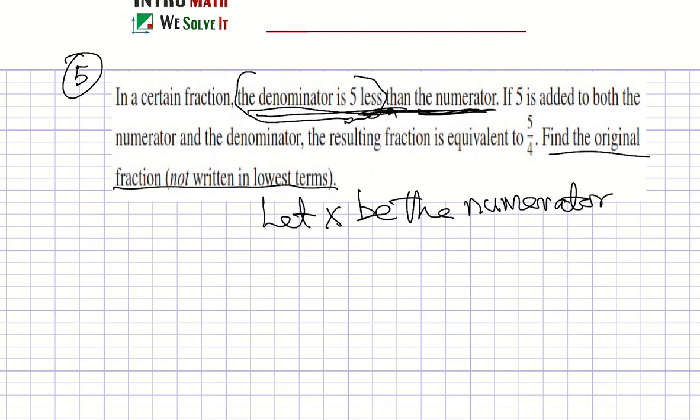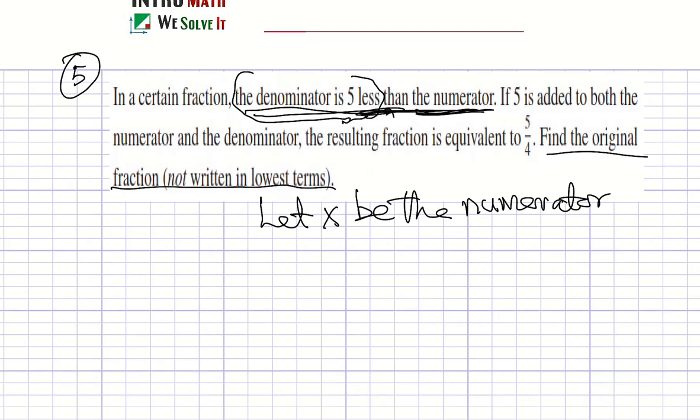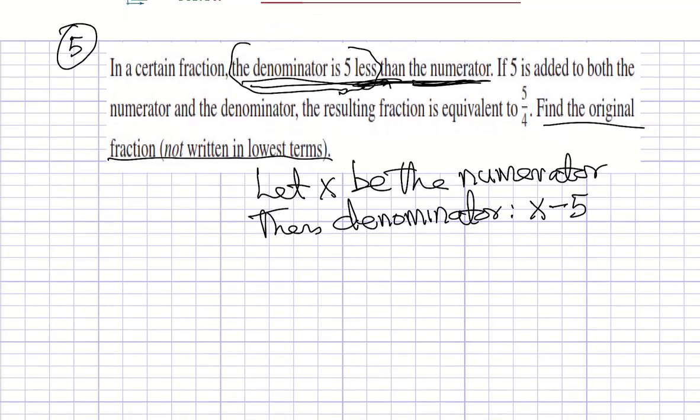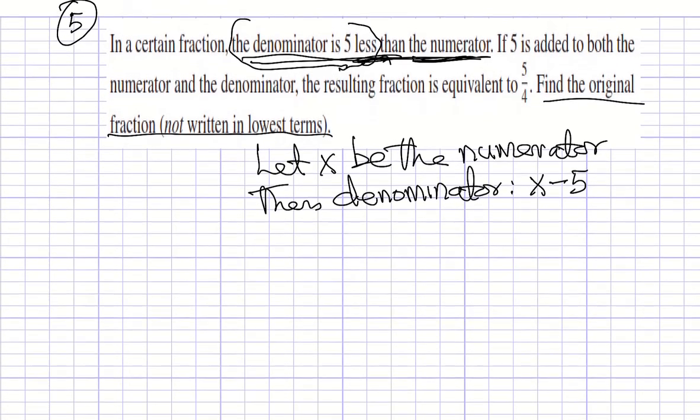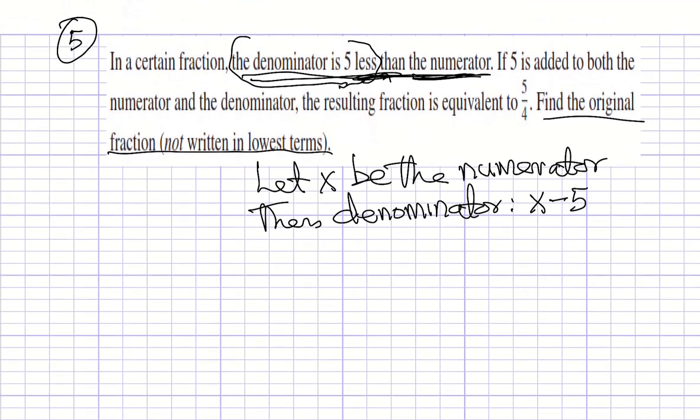So we said let that be the numerator, and then the denominator is 5 less than, it means x minus 5 is the denominator. You see what they're doing? They're playing game, man. But don't let them confuse you, okay?